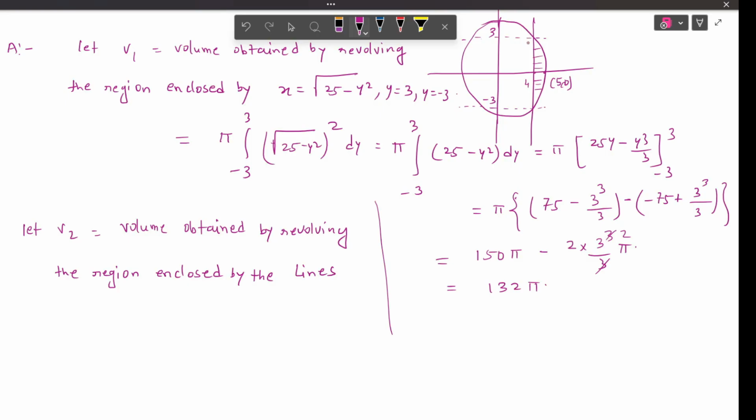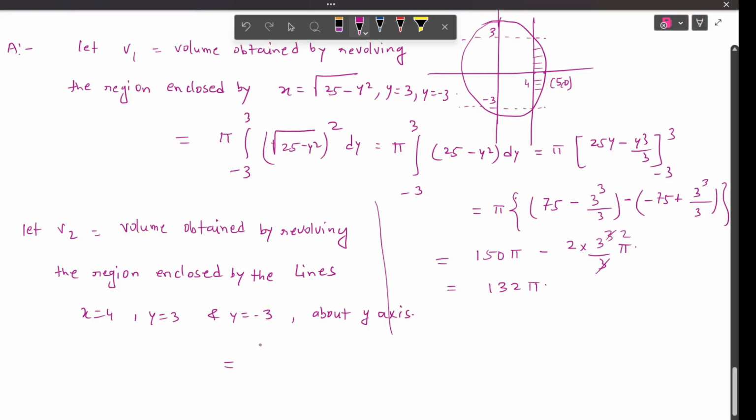This is your x equals to 4, y equals to 3, and y equals to minus 3. So by the lines x equals to 4, y equals to 3, and y equals to minus 3, and y-axis, about y-axis.